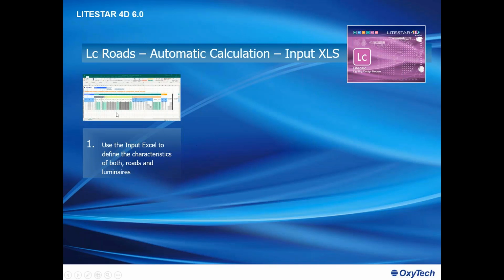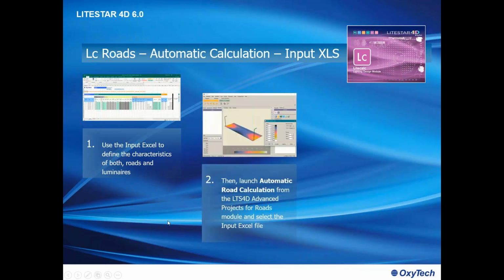So the Excel file was selected by us because it is a fantastic tool to manage information, and Excel is very well known and very used all over the world. So once you finish inputting all the information related to the road, to the luminaires, etc., you come to the Light Calc, the advanced automatic road calculation included in the Litestar 4D Advanced Project for Roads.